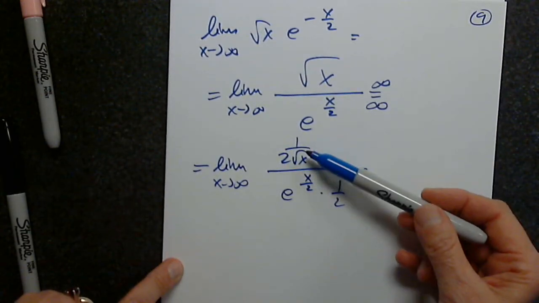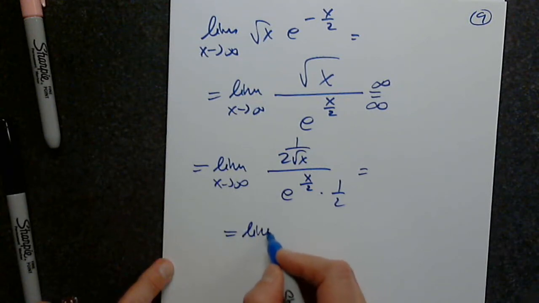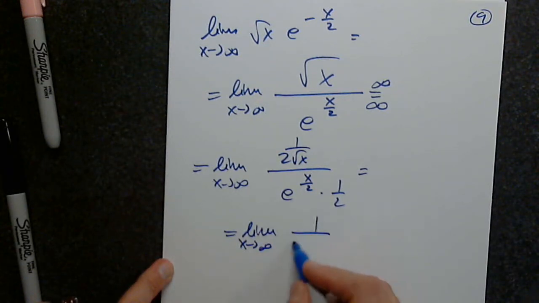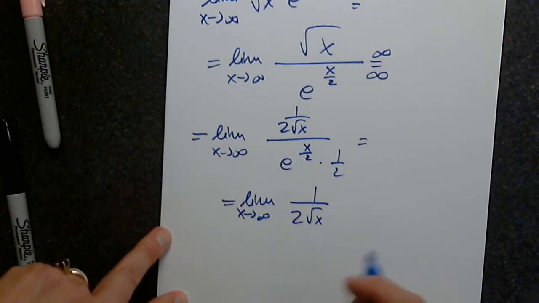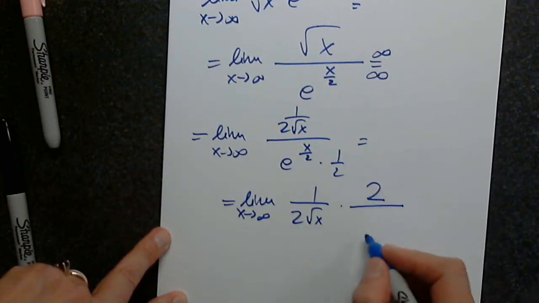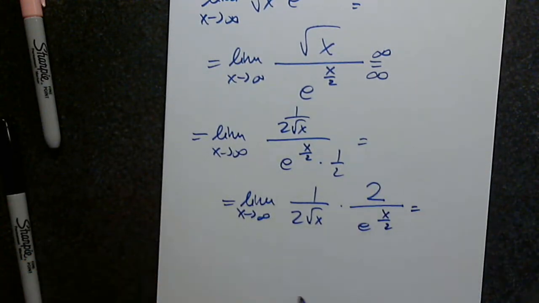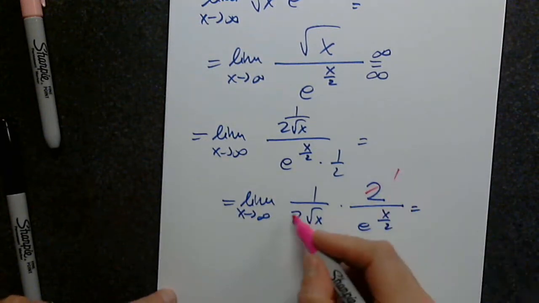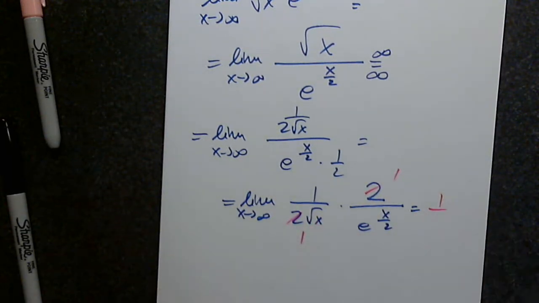So I keep 1 over 2 the square root of x, and I flip 2 over e to x over 2. Because this is e to x over 2 becomes 2 over e to x over 2. So after I simplify, the numerator goes to 1.